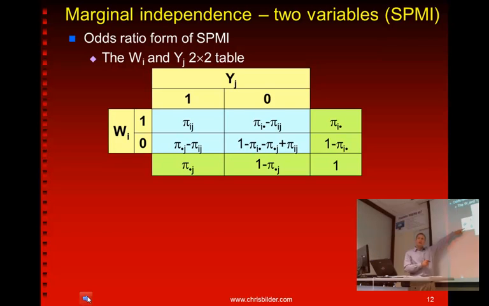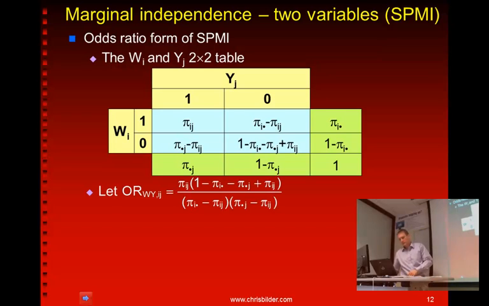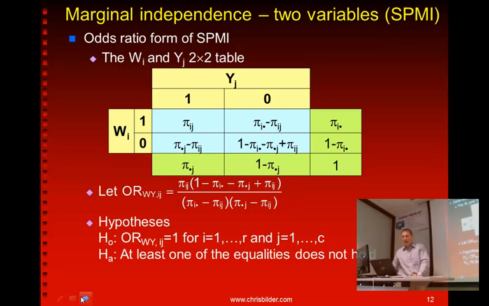The typical way we would form an odds ratio is to take the product of these two, divided by the product of these two. So here's my odds ratio for W and Y, ith W, jth Y. And what SPMI represents then is that all these odds ratios are equal to 1.